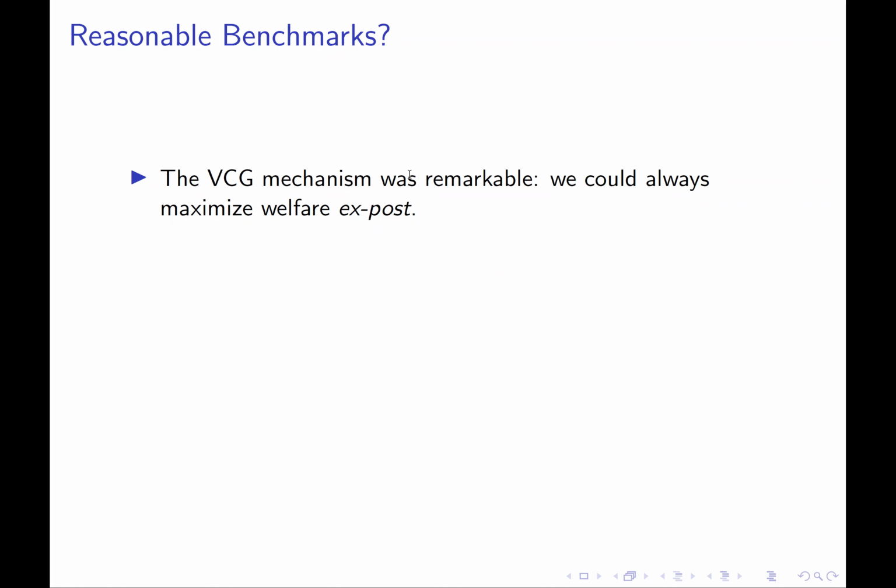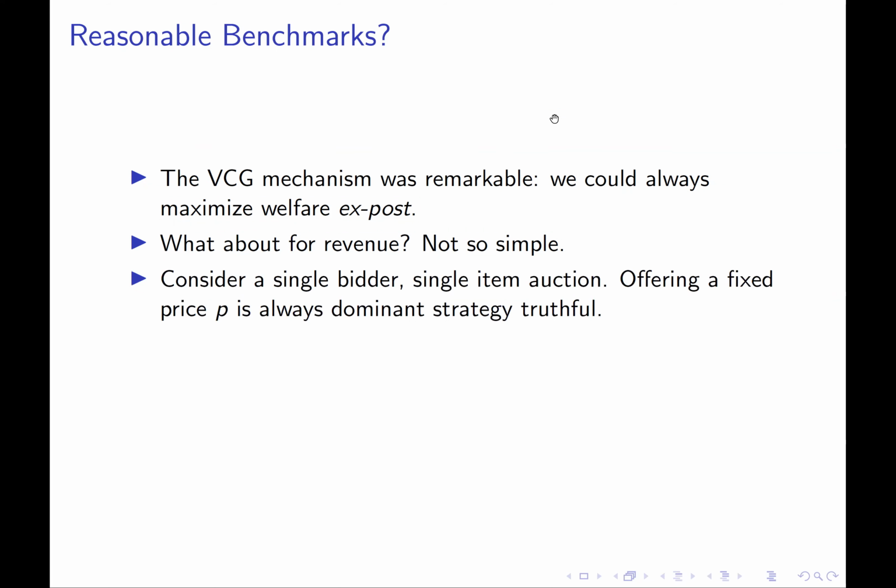No matter who showed up to the auction, in the worst case, no matter what our instance was, the VCG mechanism was able to maximize welfare on that instance. And so if we aim to design, say, instead of a welfare optimal auction, a revenue optimal auction, what our benchmark should be is actually a little bit non-obvious.